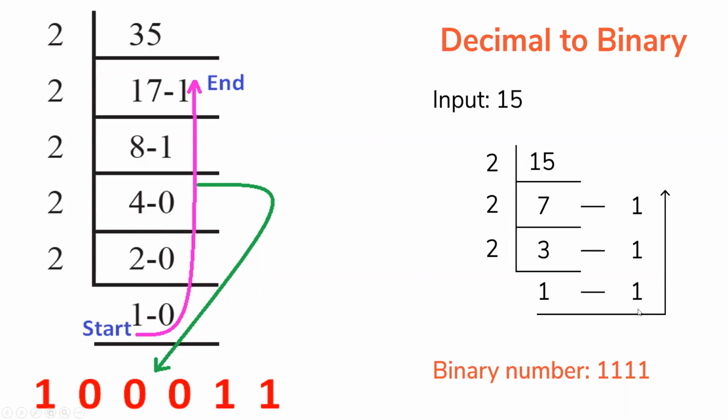This is how you get it. Divide 15 by 2, you get the quotient as 7, remainder as 1. 2 sevens are 14. Divide 7 by 2, quotient is 3, remainder is 1. Divide 3 by 2, quotient is 1, remainder is 1. From the bottom to the top, 1, 1, 1, 1. The binary equivalent of the decimal number 15 is 1111.